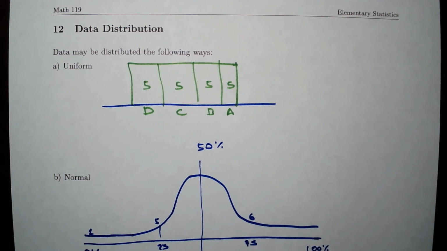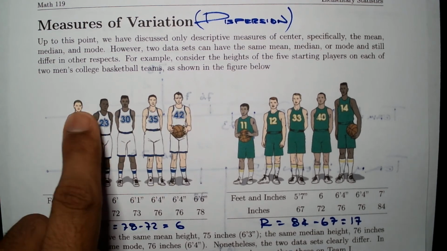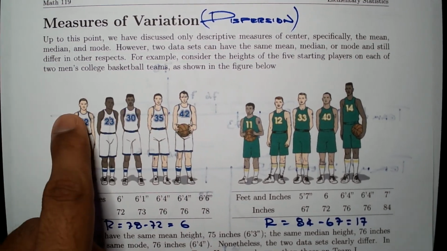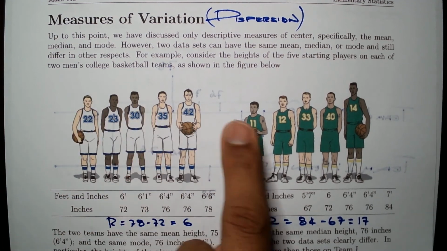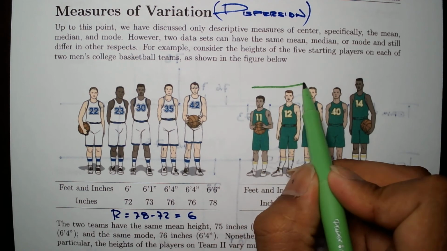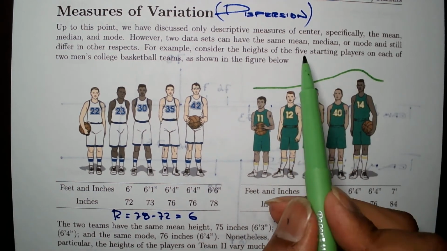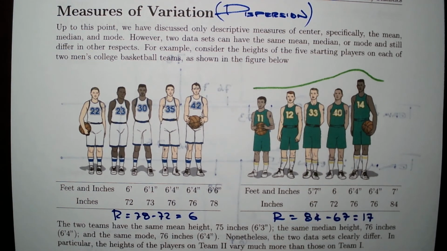If we go back to the example of the height of the basketball players, here the distribution of the heights of the players is more uniform. They're closer to one another, as opposed to over here, where it's more skewed left.